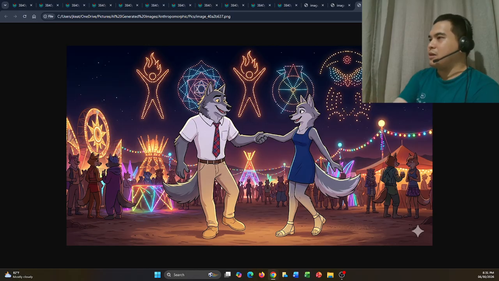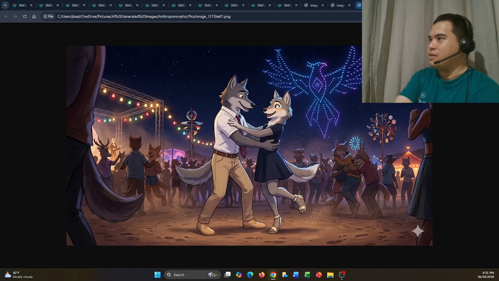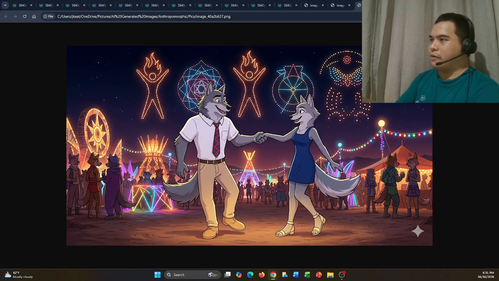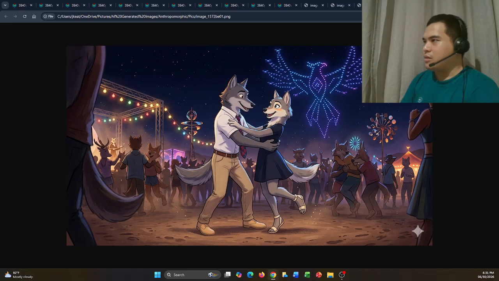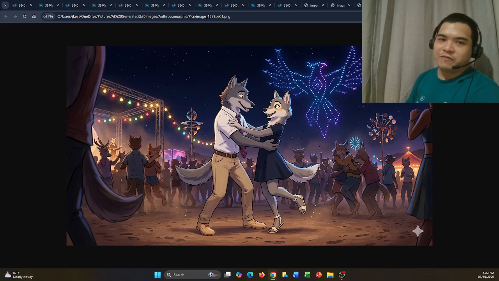The outfits that the male and female are wearing right here look out of place, but I gave it a choice. I didn't include the straight flag or the straight ally flag because I just want to keep it like this, so it makes it obvious that they're straight.